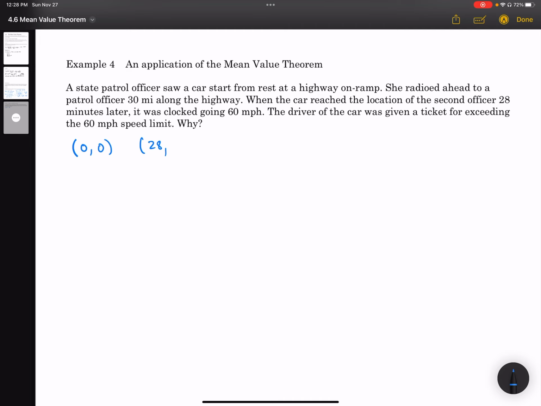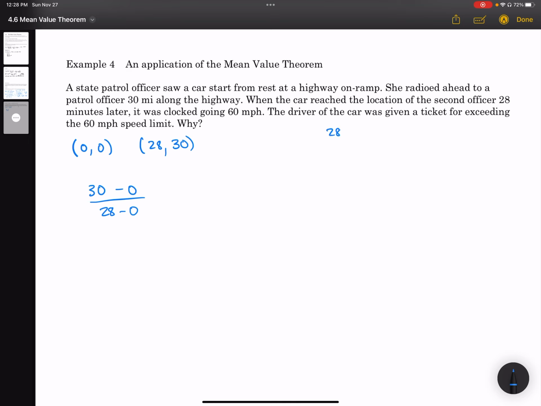We're going to look at distance traveled. So at 28 minutes, the person had traveled 30 miles. So as a function, we have 30 miles minus 0 miles divided by 28 minutes minus 0 minutes.